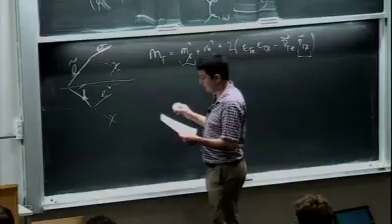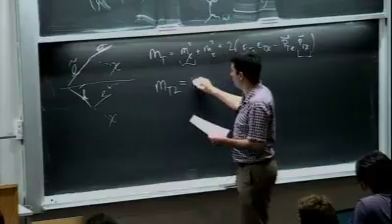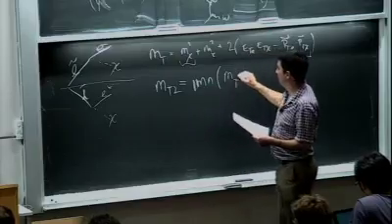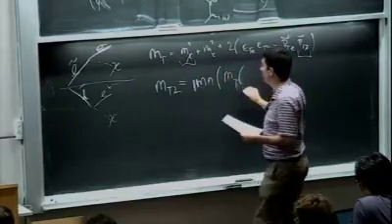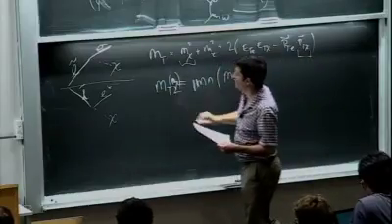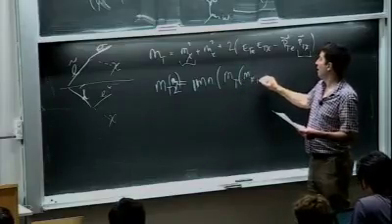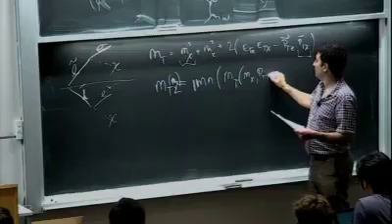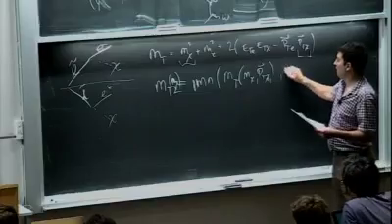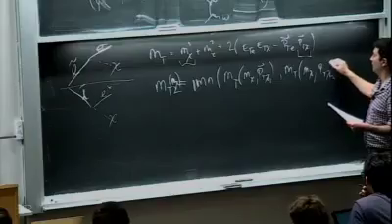So what you can do instead is take something called MT2, which is defined as the minimum of MT, MT2 squared. Let me just write it as MT as a function of M chi. So you guess a value of M chi, and then you calculate this as a function of M chi and PT chi 1, and MT of the other section with the same neutralino mass but PT chi 2.